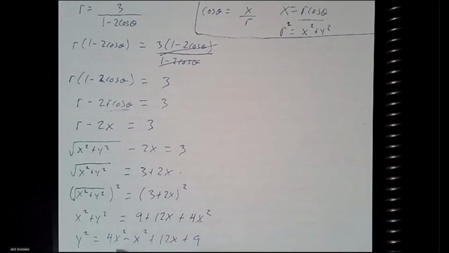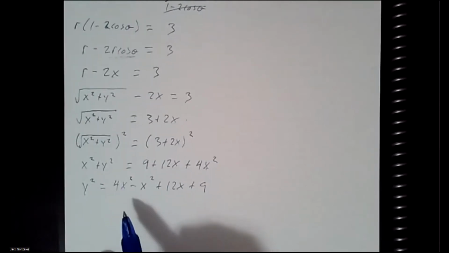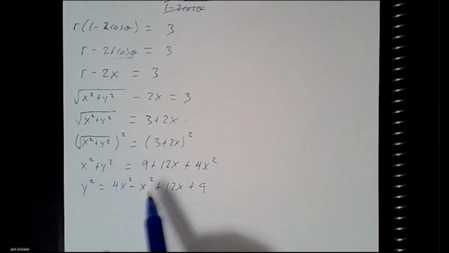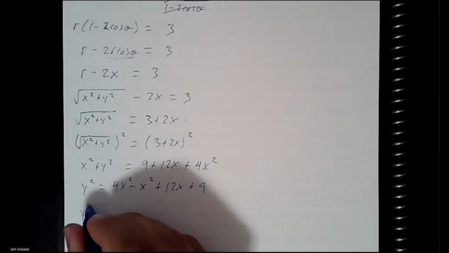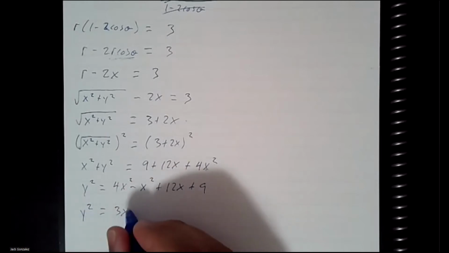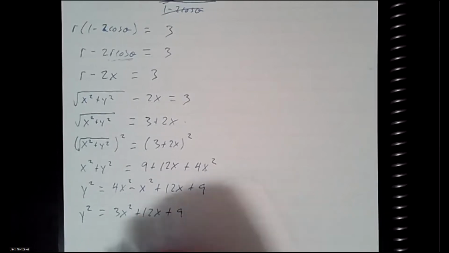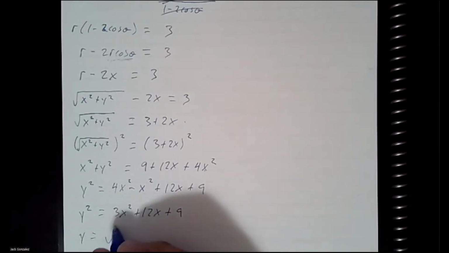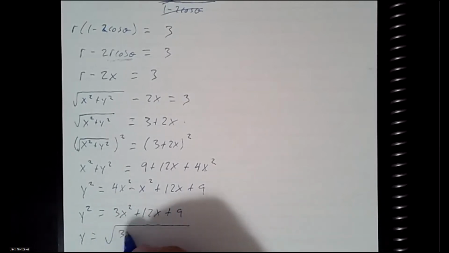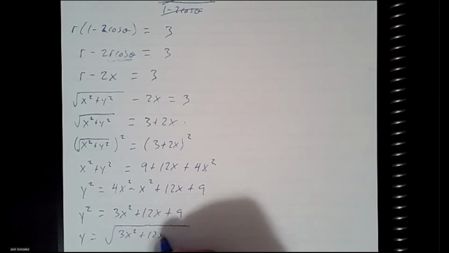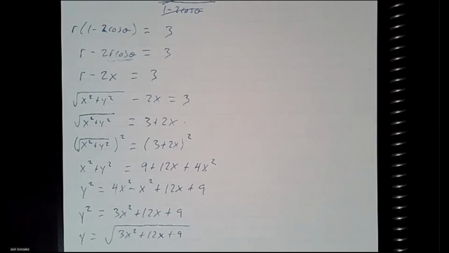So this 4 is right here. Subtract this one there. That gives me 3x squared plus 12x plus 9. So y is equal to the square root of 3x squared plus 12x plus 9. Plus or minus.